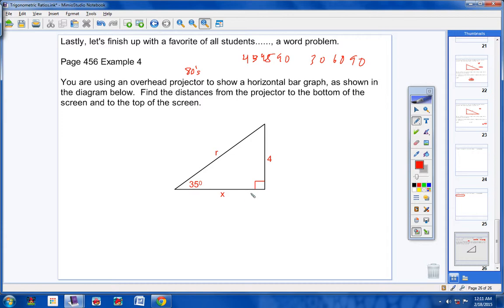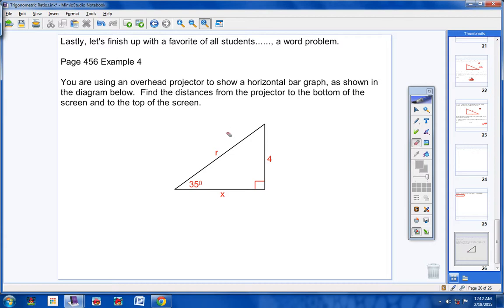We have a 35, 90, 55 triangle, okay? So that's not going to help us. So we can't use Pythagorean's theorem. We can't use our special triangles. So how are we going to find the length of r and x? Well, I'm glad you asked that question.